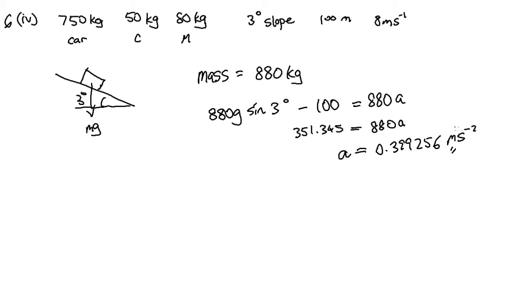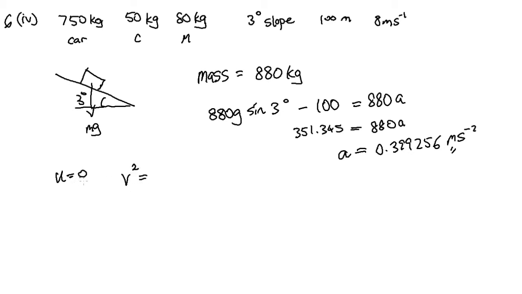And since we have the acceleration, we have the displacement, 100 meters, and we need to find the velocity, and we know it's starting from rest, and therefore u is 0. We can use s equals ut plus half at squared, or actually it's better to use v squared equals u squared plus 2as, because then we do not need to care about the time.